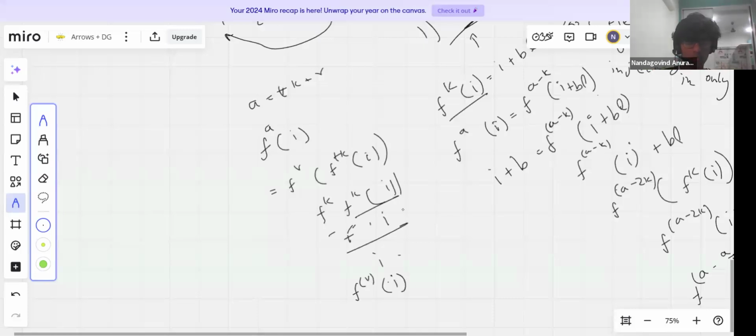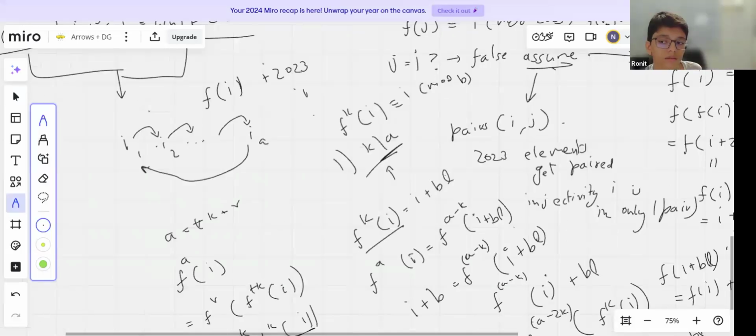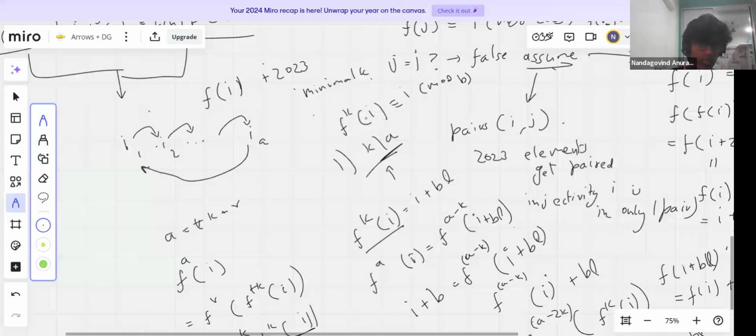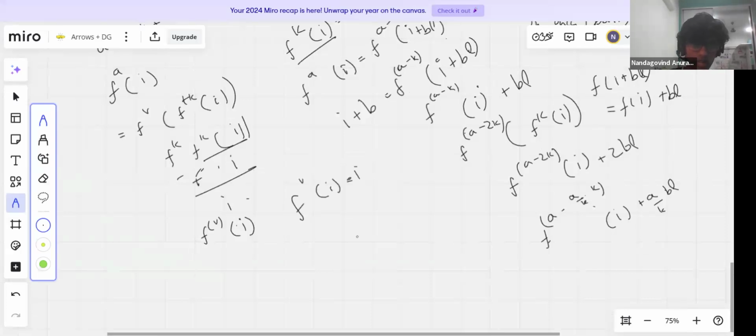And I just look at minimal k. That's why k divides, because now I have that f of r of I is equal to I, and r is less than k, which contradicts minimality, unless r is equal to 0.